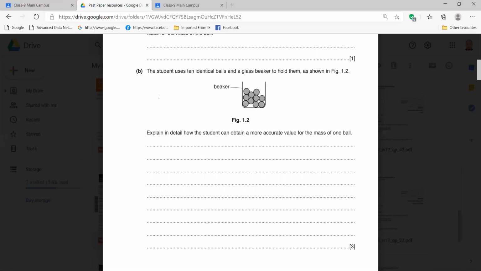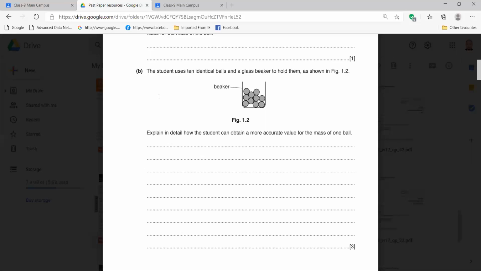Sir, if he can just make the balance reading 0 after placing the beaker, then he doesn't need to subtract. He can do it, but scientifically we are getting the measurements: the empty beaker is giving us M1. With the 10 balls, we are getting M2. Then M2 minus M1 gives you the mass of 10 balls.